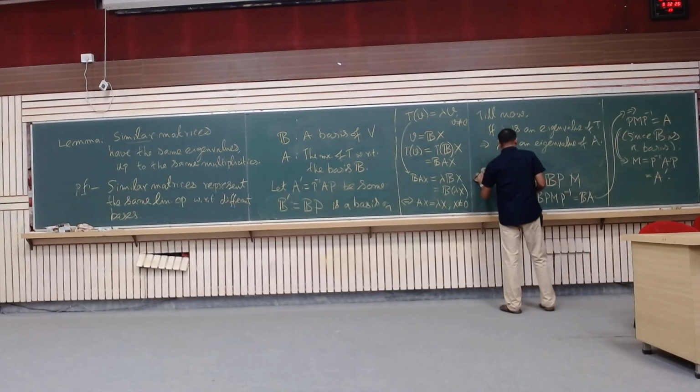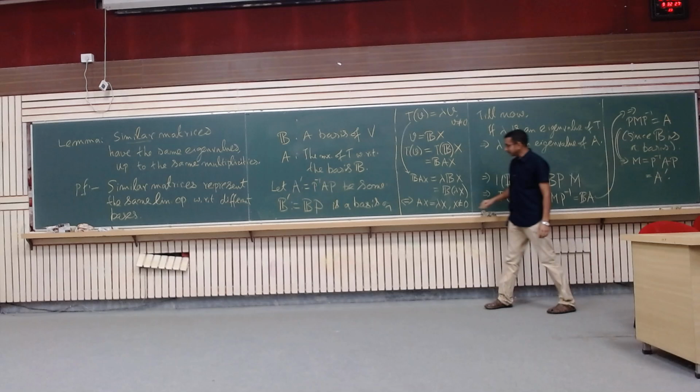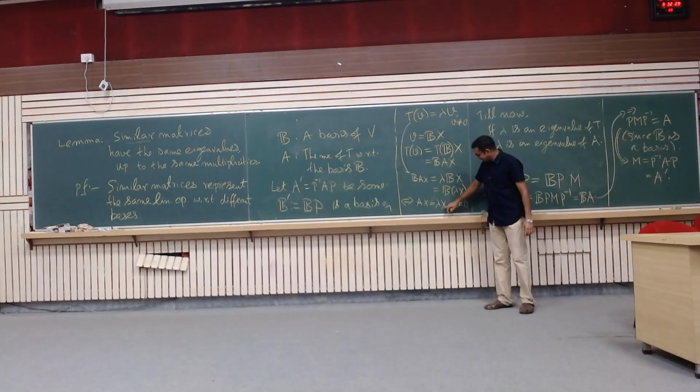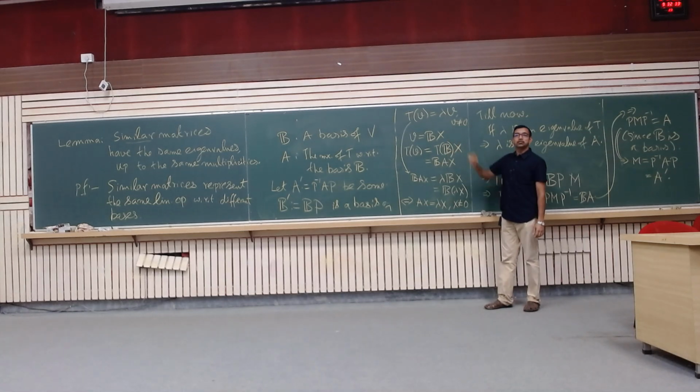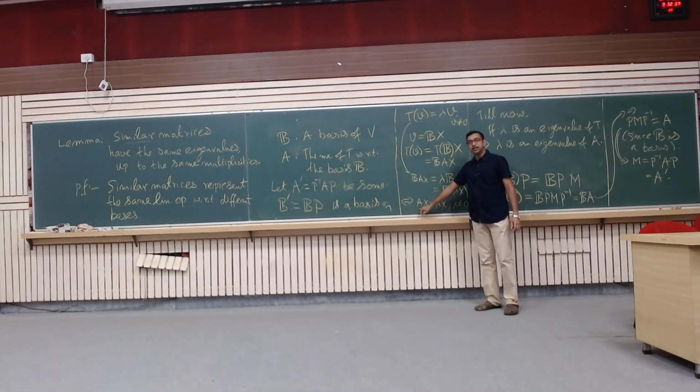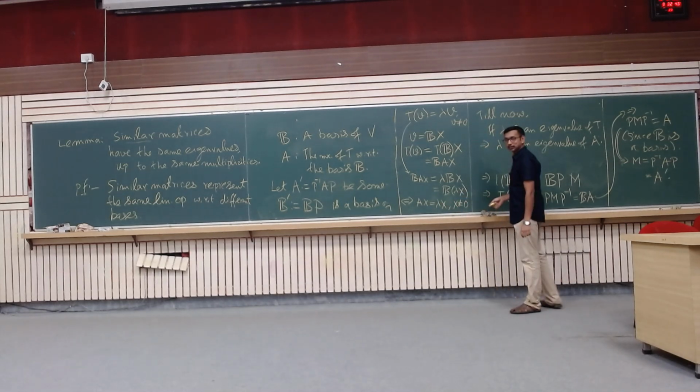The only thing that might hinder us is that here we had x not equal to 0 because v was not equal to 0. But if A is a singular matrix, it can happen that x is not equal to 0 and Ax is equal to 0. Is that an obstacle? Let's check.